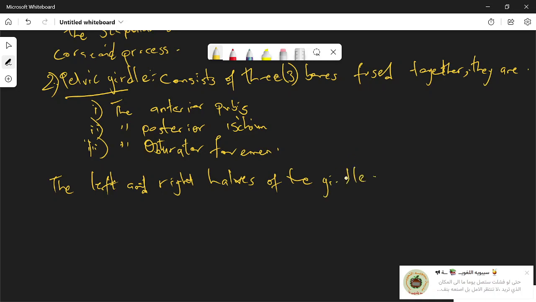Now, these two parts are joined together by a particular substance. That thing is called the pubic symphysis.